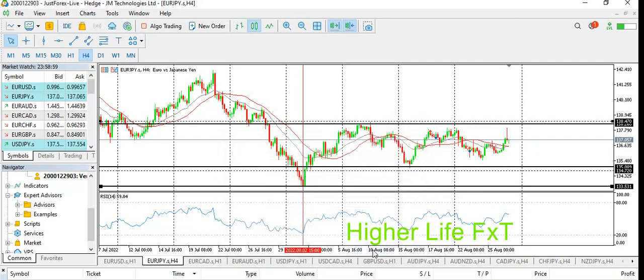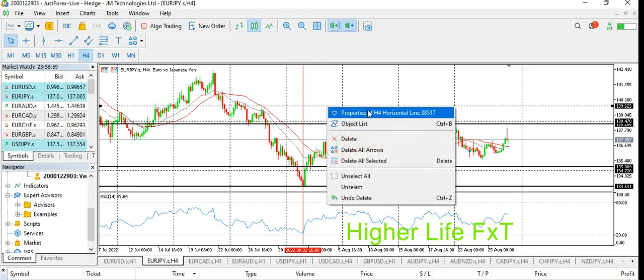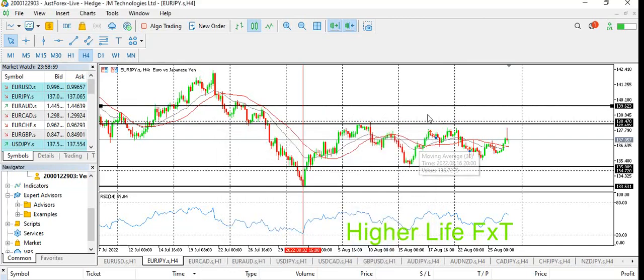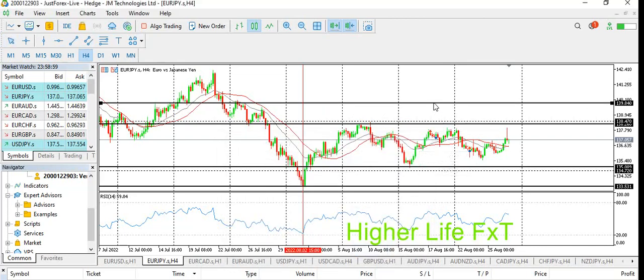So that in case the price breaks this area, you can cut your losses just near or above the resistance line, and the price will rise to the next resistance area, which is here.